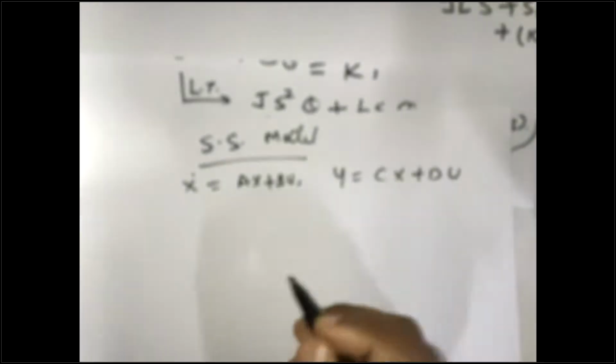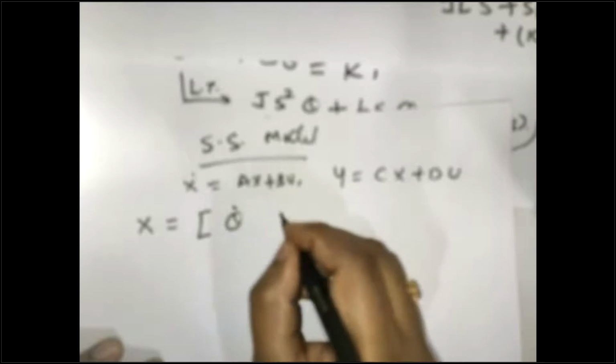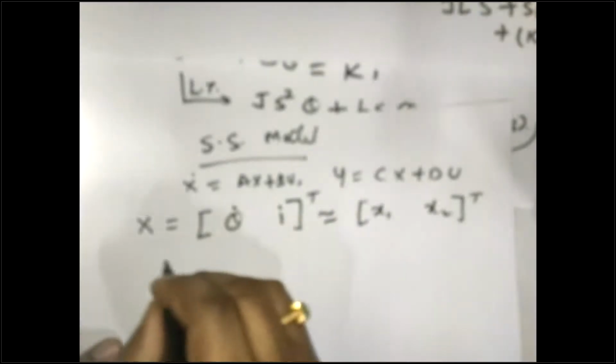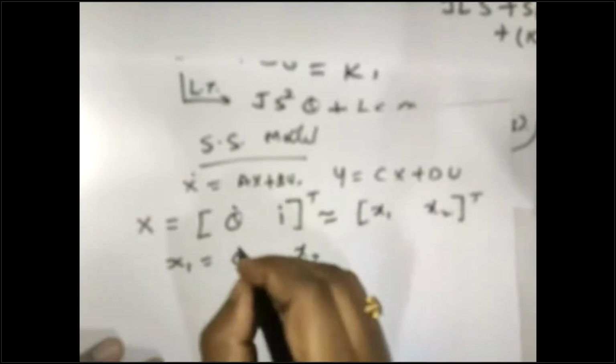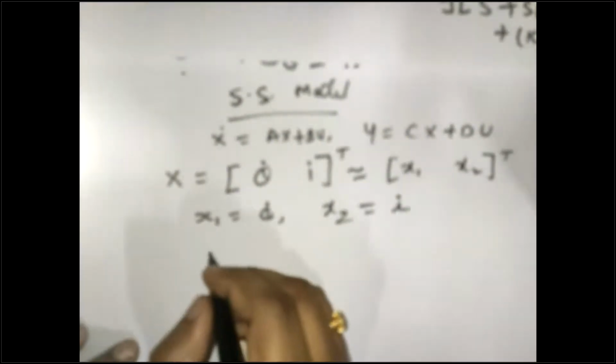For deriving the state space model, what I am interested in is the differential equations. My x has two states. The first state is omega, that is theta dot, and the second state is I. So x is x1 and x2 transpose.